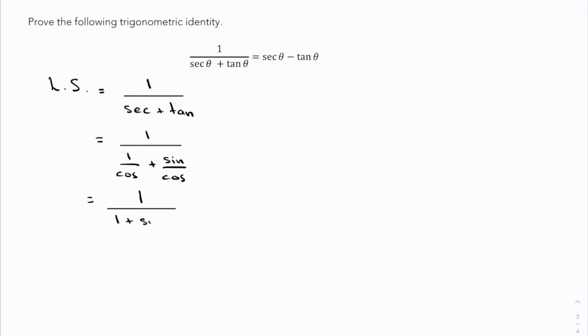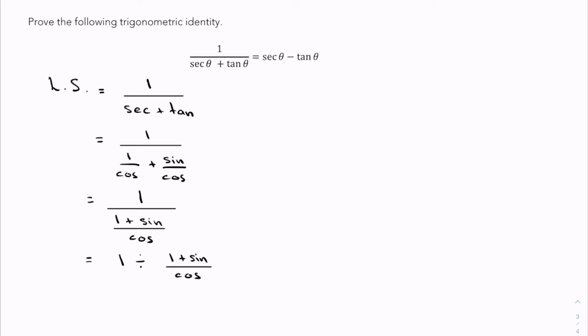So 1 plus sine, and that's all going to be over cos, which is equal to 1 divided by 1 plus sine over cos.